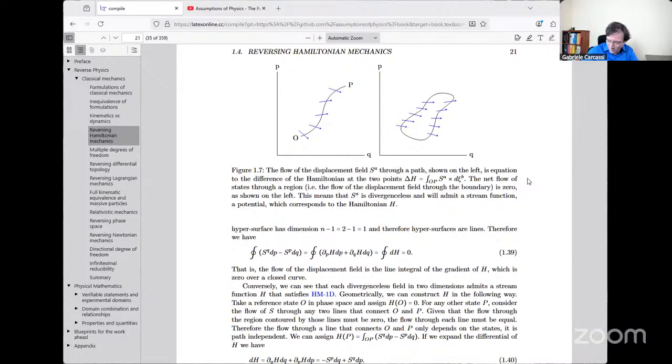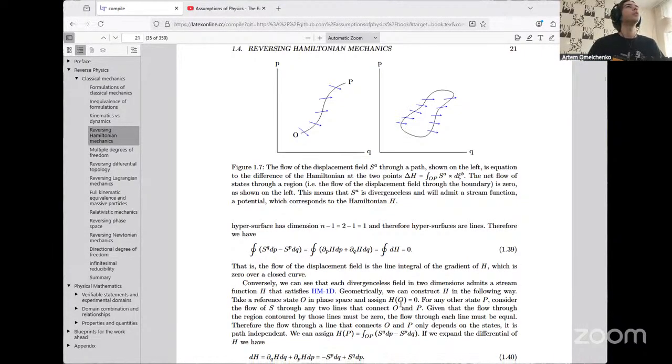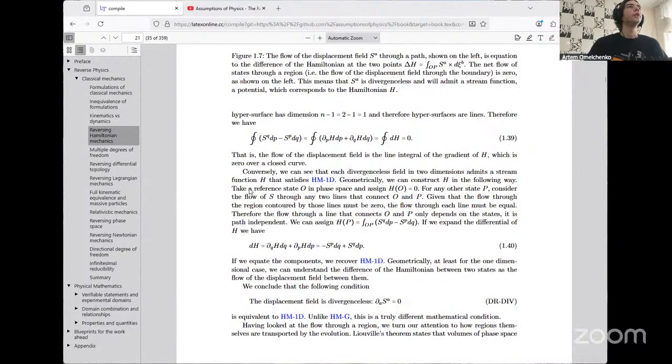If there are no questions, you can go ahead and read where you were reading. Okay, so I was saying that conversely, we can see that each divergenceless field in 2 dimensions admits a stream function H that satisfies this. Geometrically, we can construct H in the following way. Take a reference state O in phase space and assign H of O equals 0.